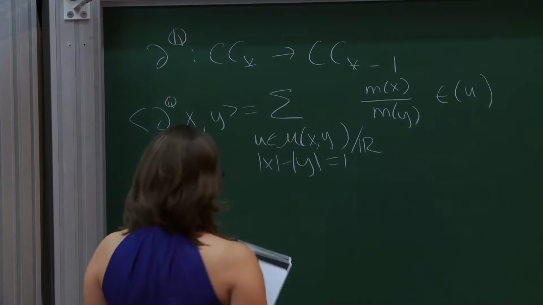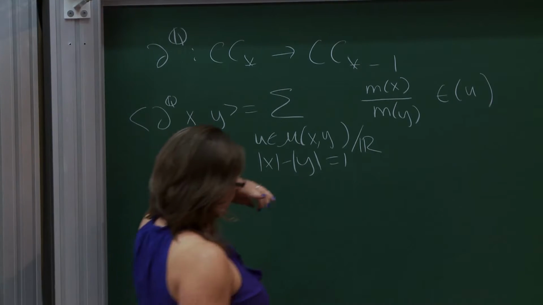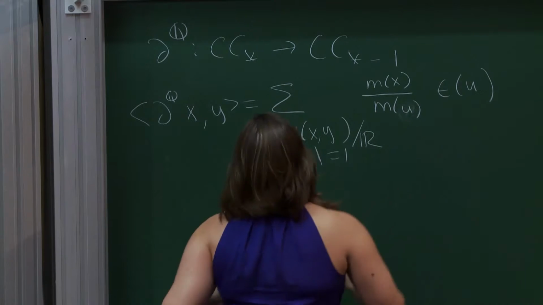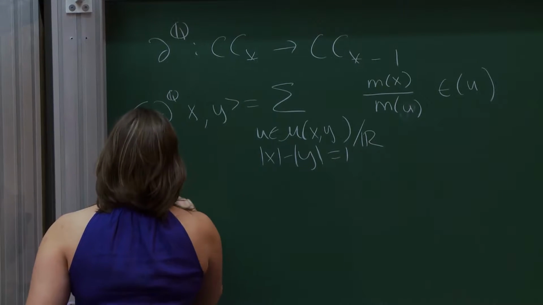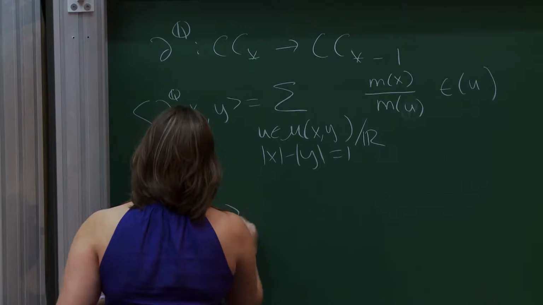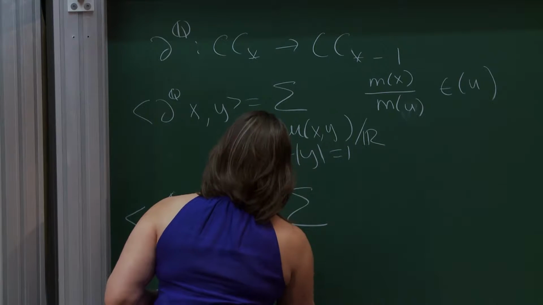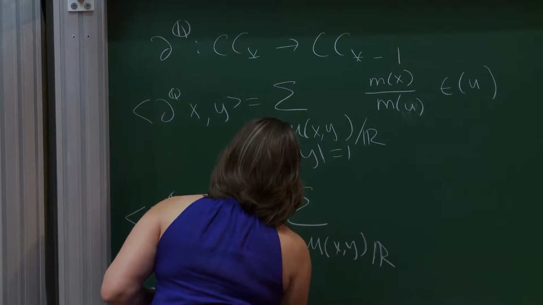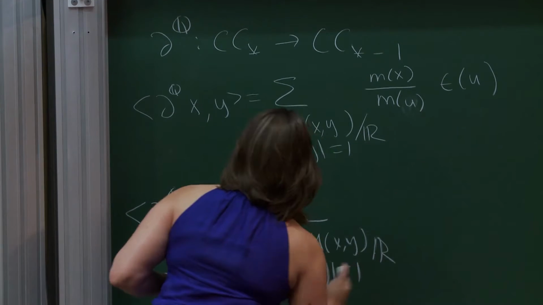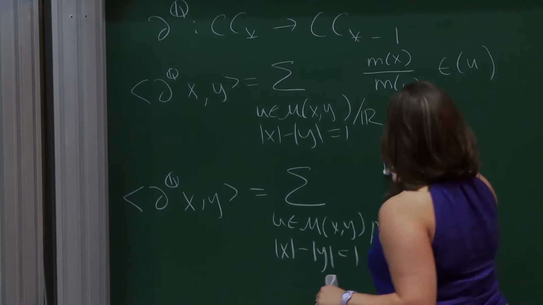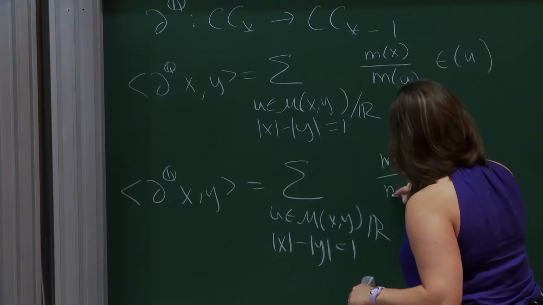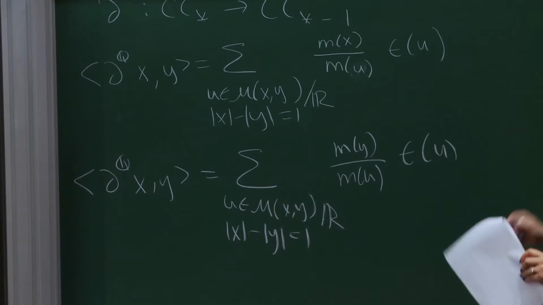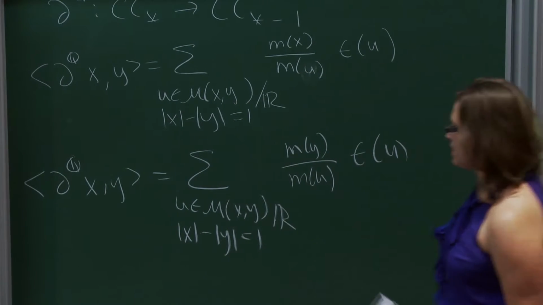Either you can define it by looking at the multiplicity of the top Rabe orbit, or you can define it by encoding the multiplicity of the bottom Rabe orbit. And this epsilon u is just supposed to be some choice of coherent orientations.